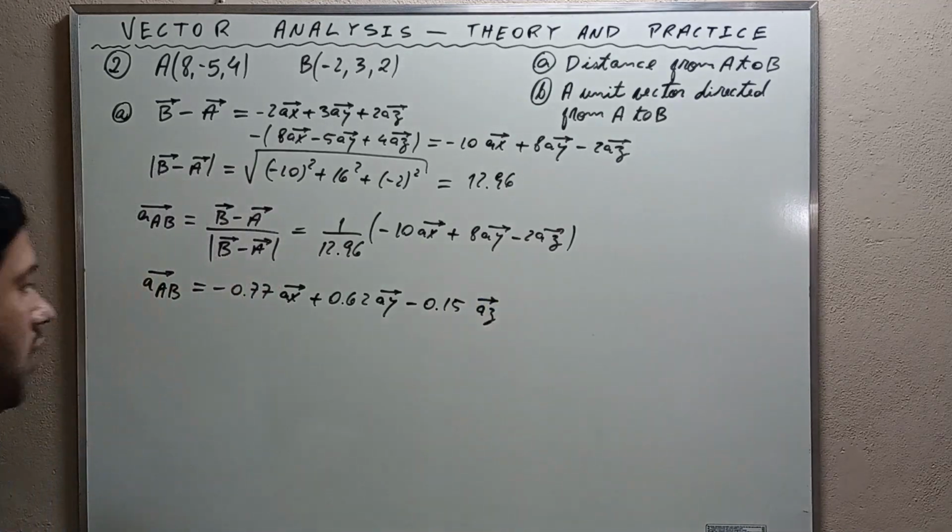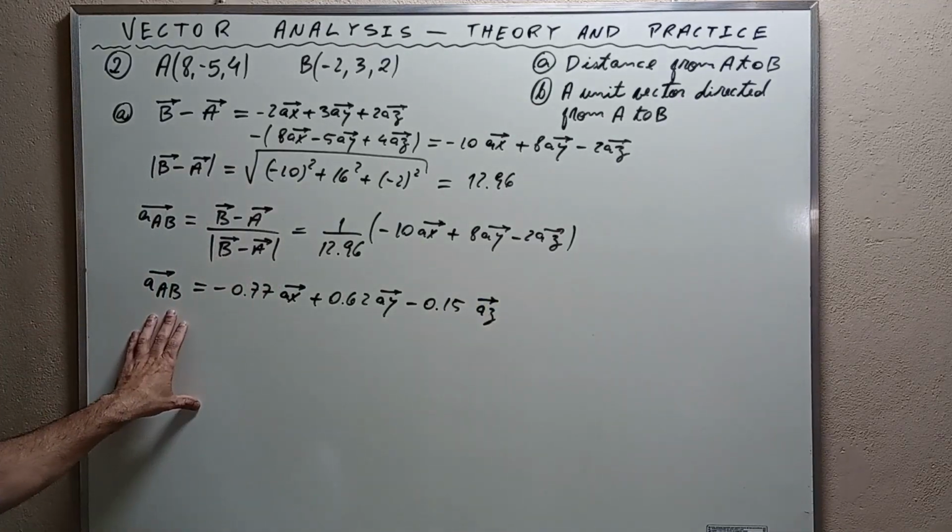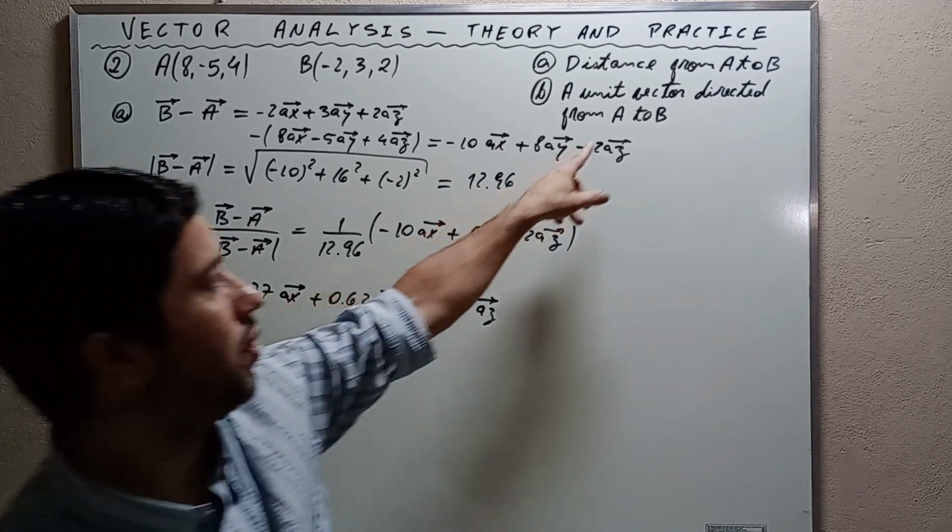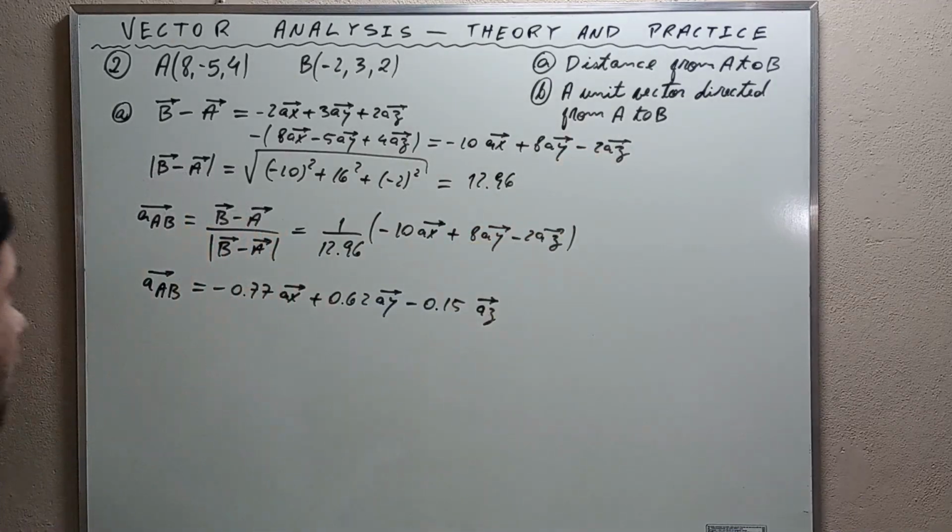Okay, this is the unit vector in the direction of AB, pointing from B to A. Okay? No, from A to B. Okay? From A to B. And this is all for exercise 2. Let's go to exercise 3 now.